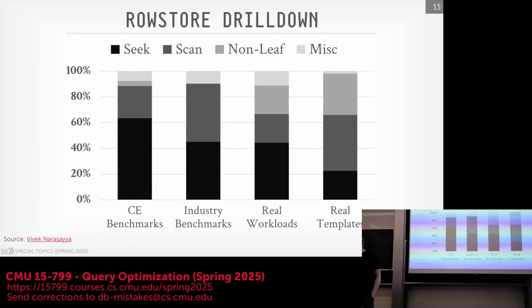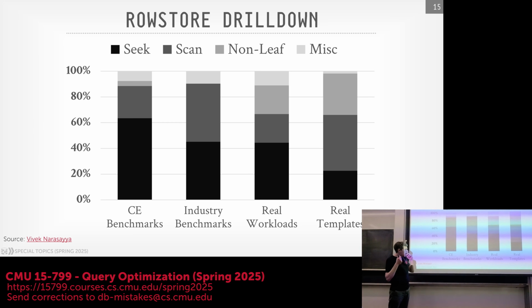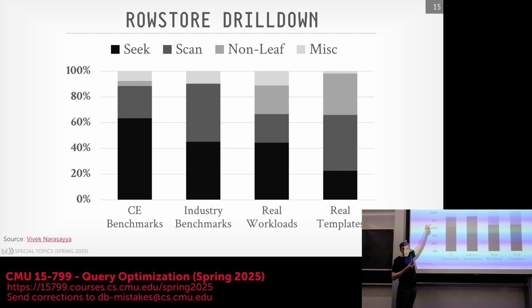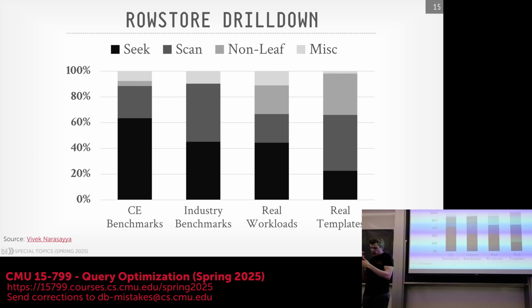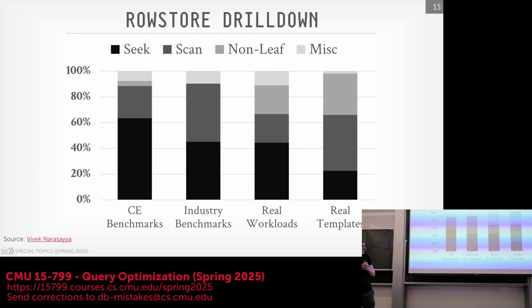So this chart here is showing the percentage of the queries for each of these benchmarks where you got a 2x improvement, categorized based on which of those 4 categories from before, which of the operators are generating the most benefit for the query when you inject it with the better statistics.